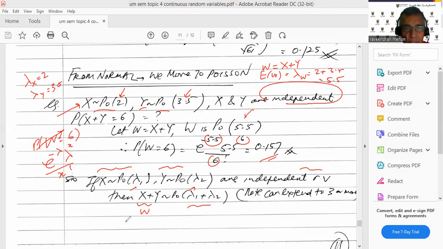You can also have, let's say, V equals X plus Y plus T plus U. Here we only talked about 2 of these, but we can extend it to 3 or more. The idea will remain the same. We just add up lambda 1, lambda 2, lambda 3, lambda 4. So this becomes a new Poisson random variable with the sum of their lambdas.